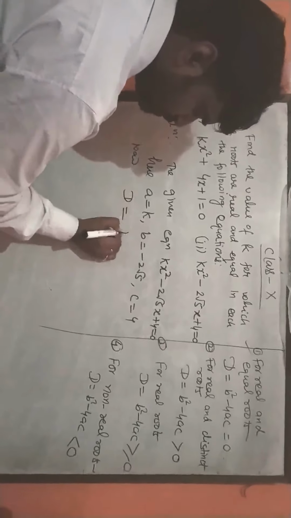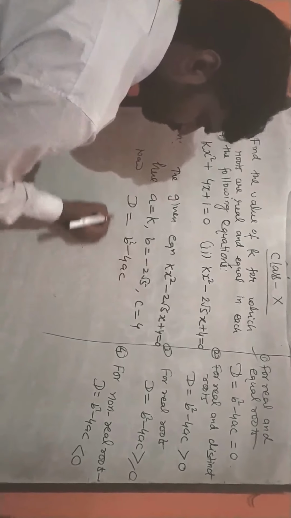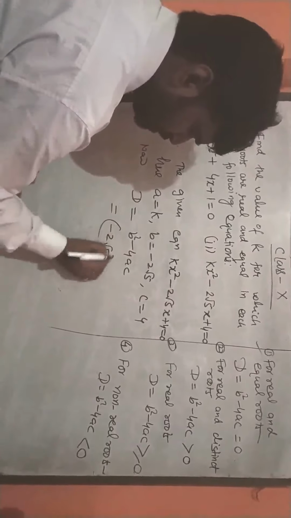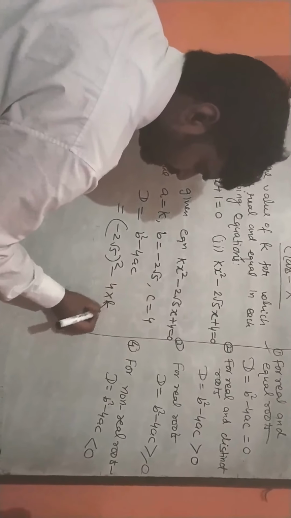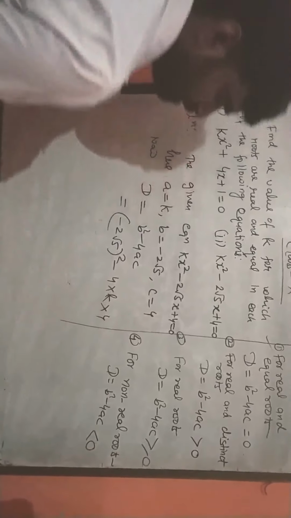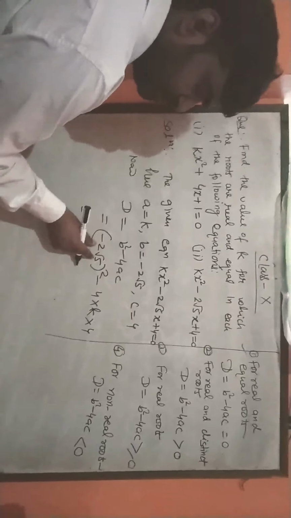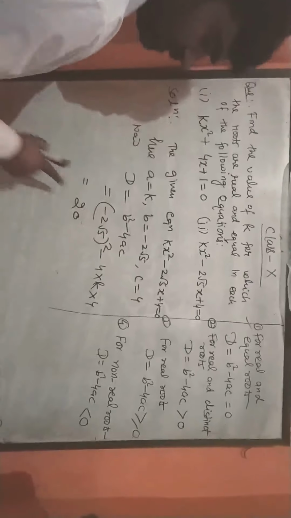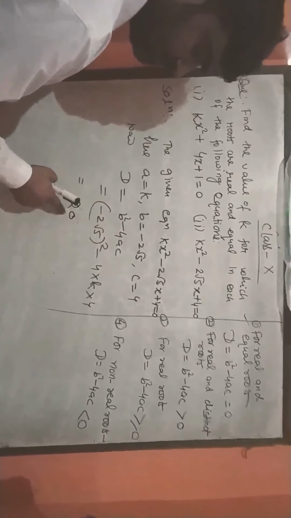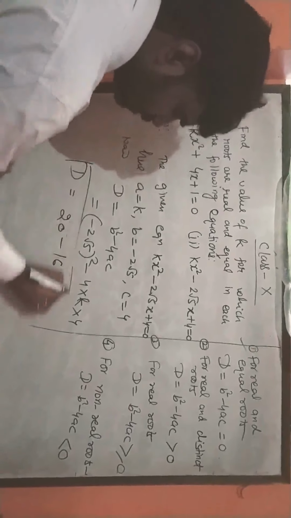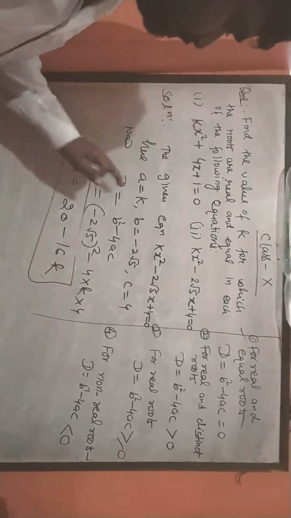It is the formula. B means 2 under root 5 whole square minus 4 into k into 4. 2 root 5 whole square means 20, and 4 into 4 into k gives 16k. So D is 20 minus 16k.